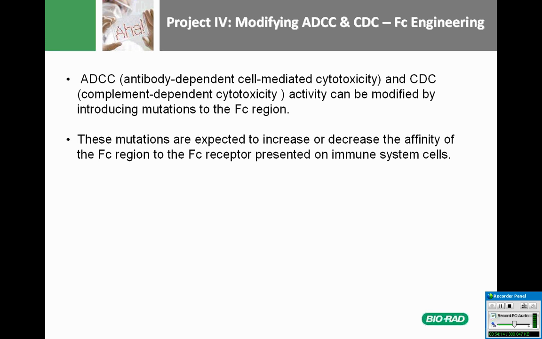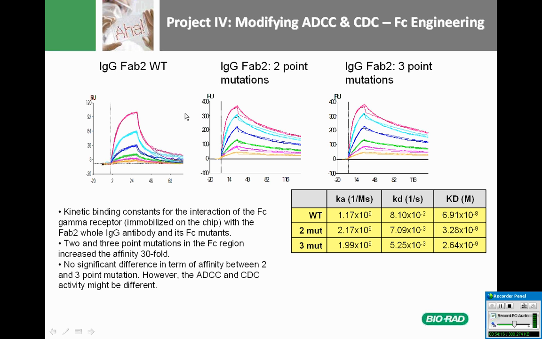So we had a mutant with 2-point mutations and a mutant with 3-point mutations, and this is the wild type. We immobilized on the chip the Fc gamma receptor, which is the receptor presented on immune cells, and then we injected the IgG and the mutants as analyte.